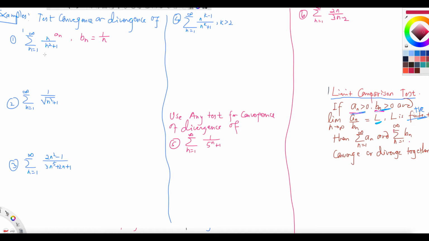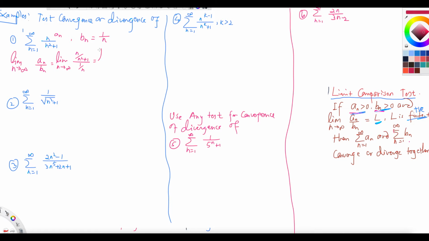Now, what is the limit as n tends to infinity of an over bn? That will be the limit as n tends to infinity, where an is n over n squared plus 1 and bn is 1 over n, right?